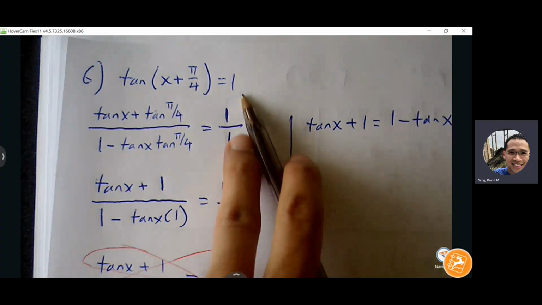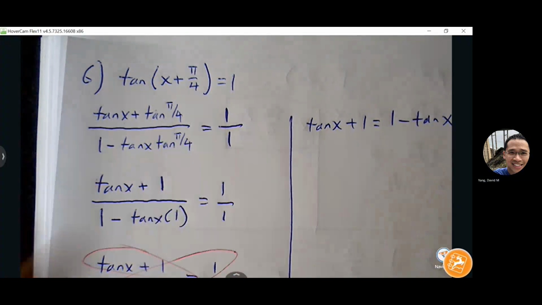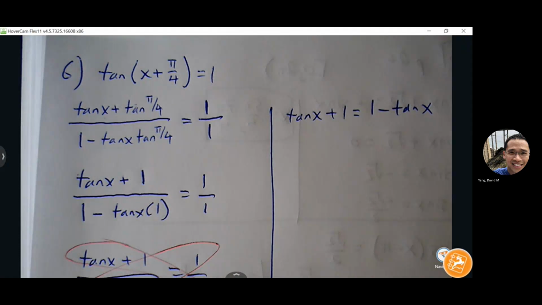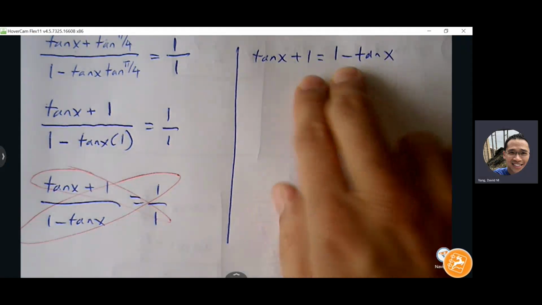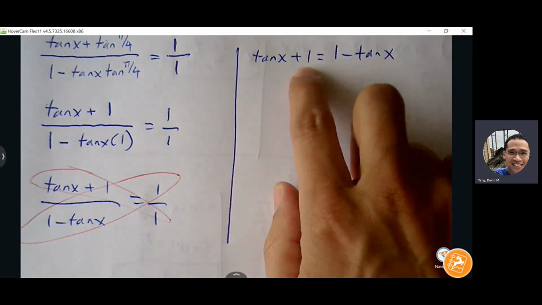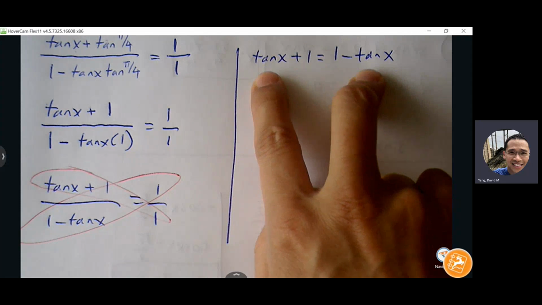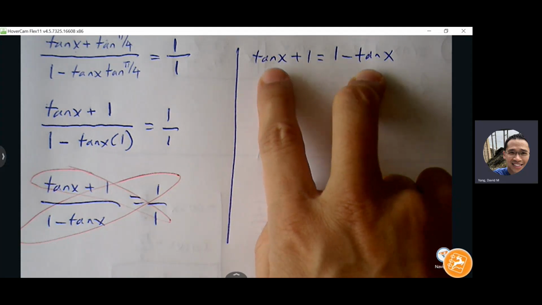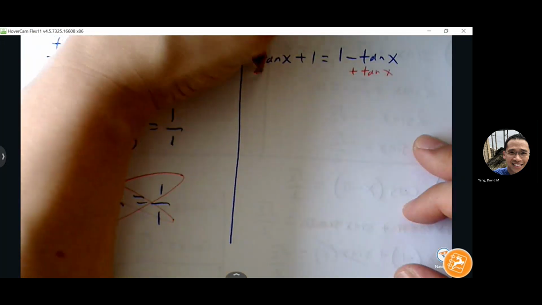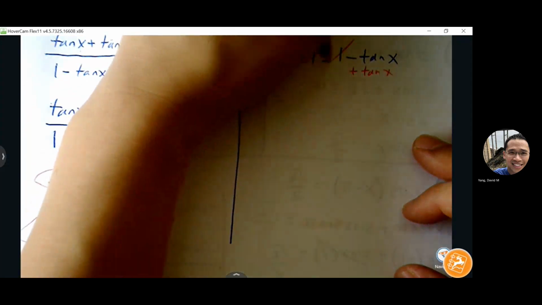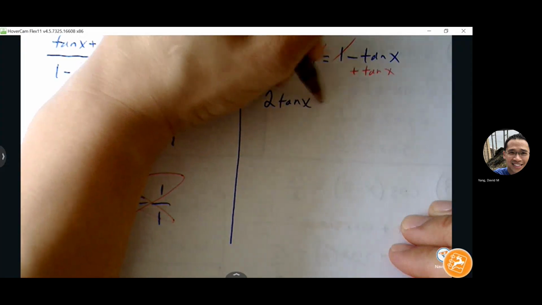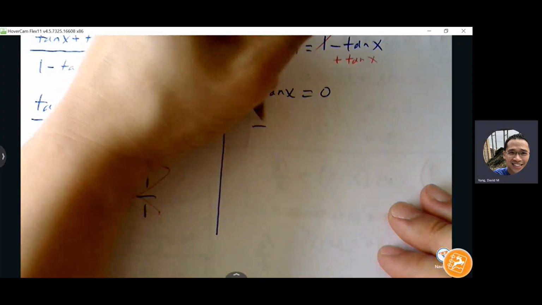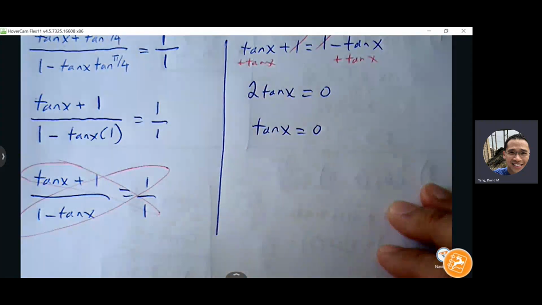Because the equation has 1 on the right side, so I've got to hold on to that 1. The 1s cancel out. They're both the same sign, so I subtract 1. But here, the tangent x terms will combine to be 2 tangent x. And divide both sides by 2. I get tangent x is equal to 0.